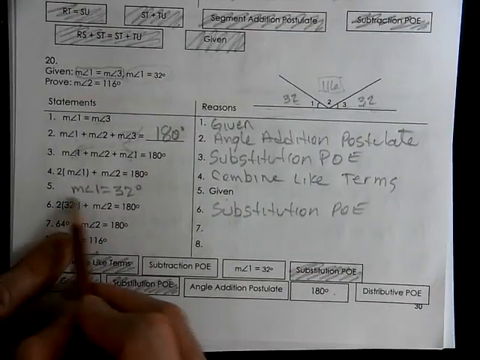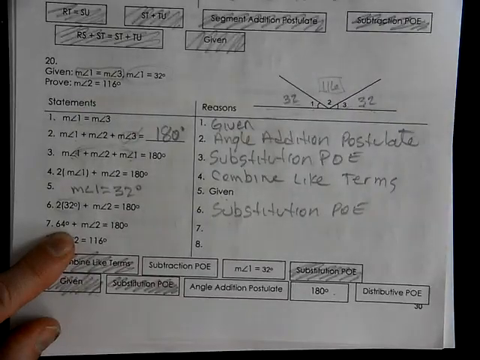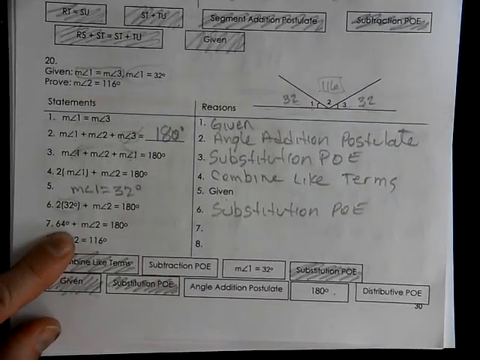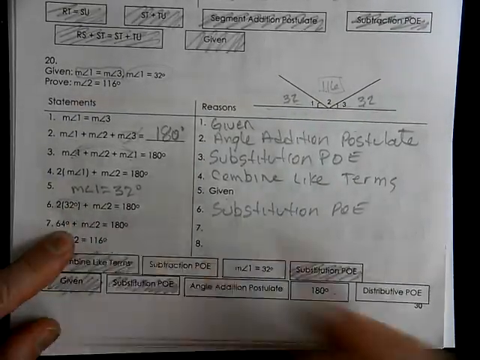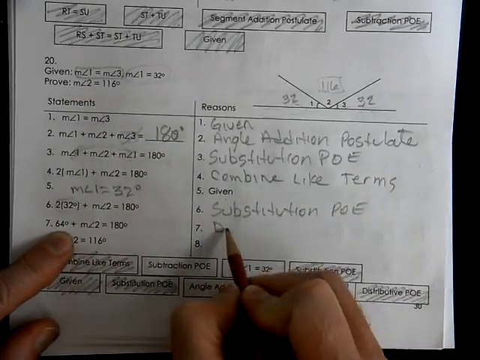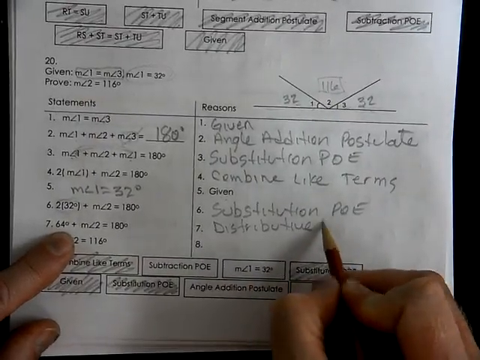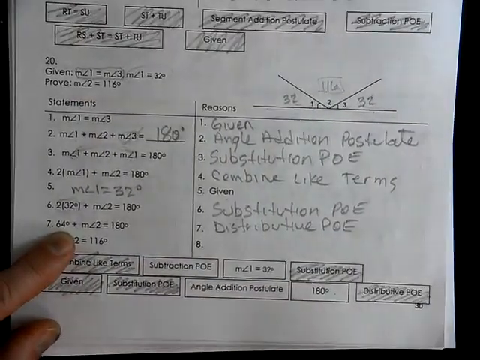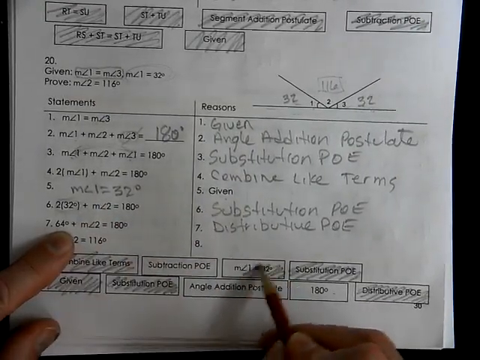Now it looks like they've grouped that together. So that would not be multiplication property of equality. That would be more we're multiplying it in as a distributive property. We've already used that one.